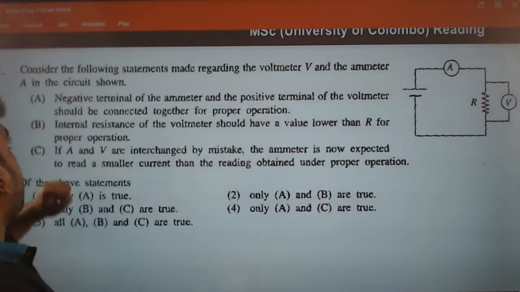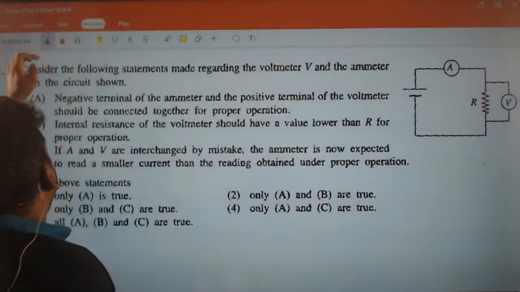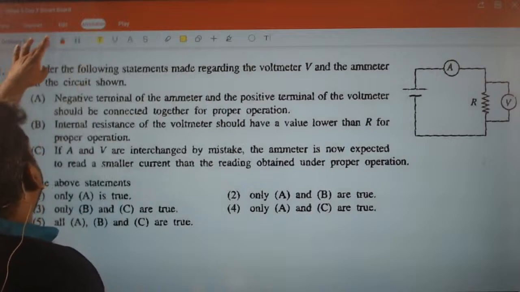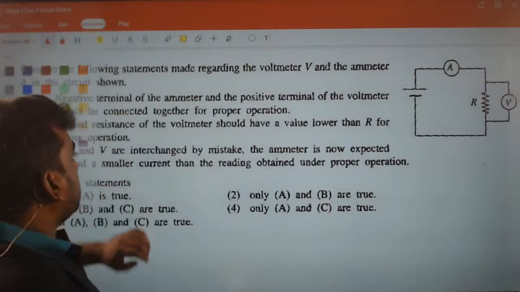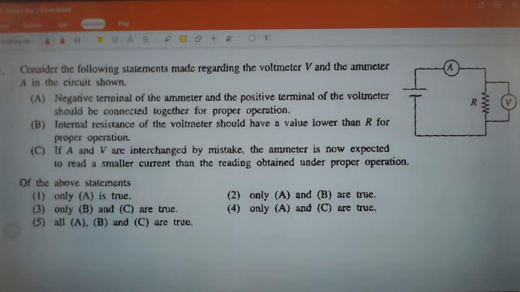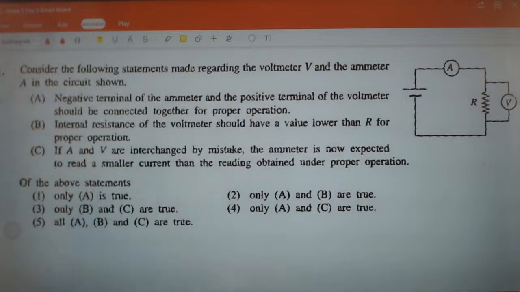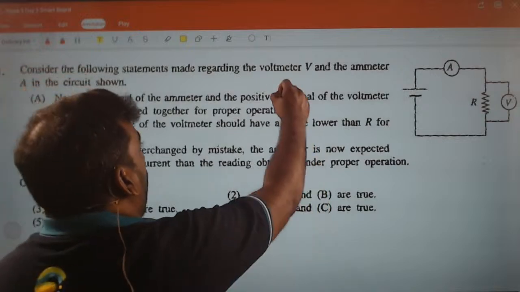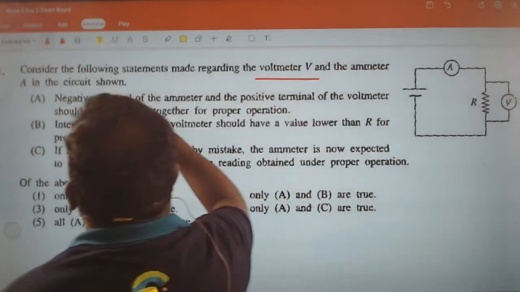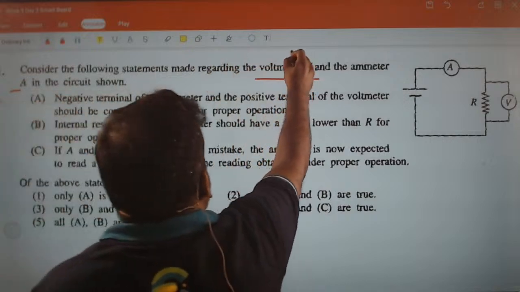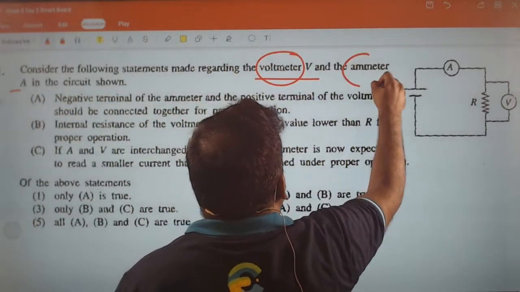First one is a statement question. Consider the following statements made regarding the voltmeter and ammeter. So we are talking about the voltmeter and the ammeter in a circuit.